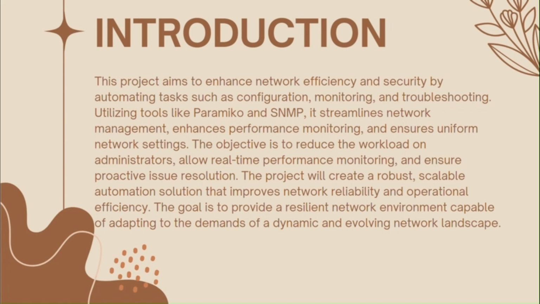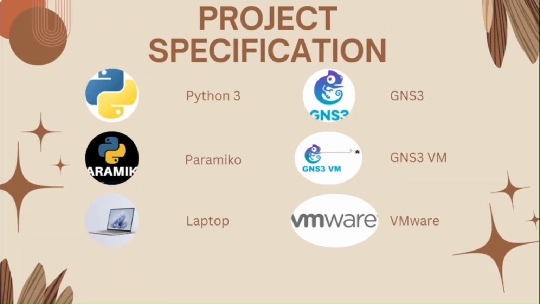The objective is to reduce the workload on administrators, allow real-time performance monitoring, and ensure proactive issue resolution. The project will create a robust, scalable automation solution that improves network reliability and operational efficiency. The goal is to provide a resilient network environment capable of adapting to the demands of a dynamic and evolving network landscape.